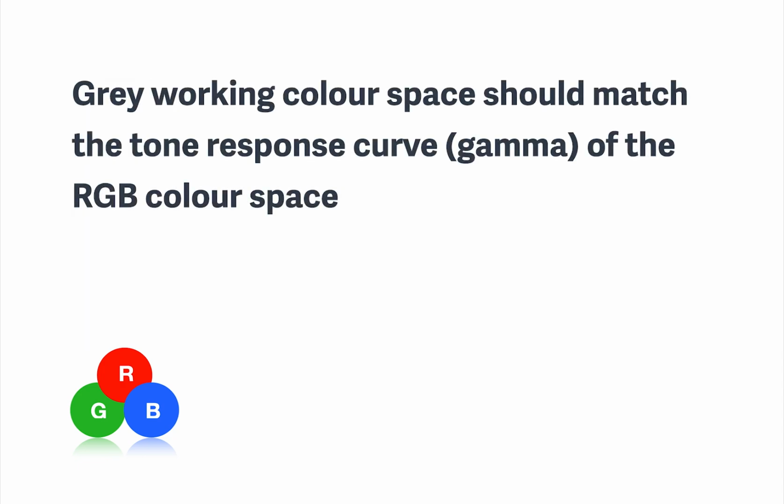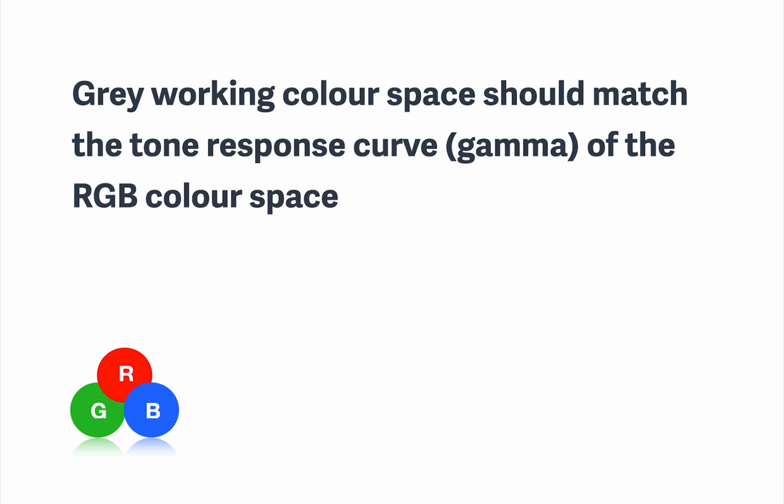When we pick an RGB color space, it's important to choose a corresponding gray working space too. This is because Photoshop's selections and masks work in grayscale. By selecting correct settings, we align the tone response curves of both the RGB working space and the gray working space.